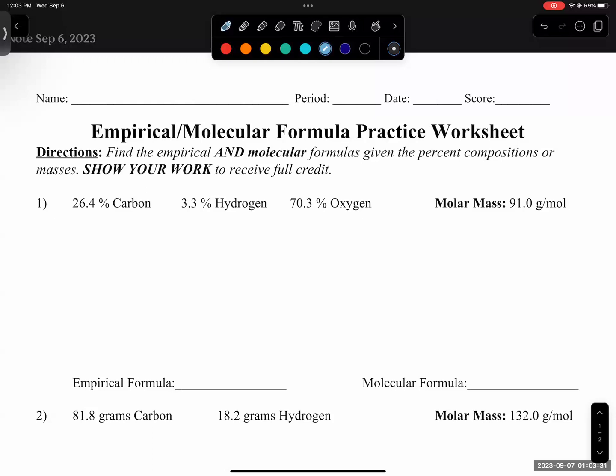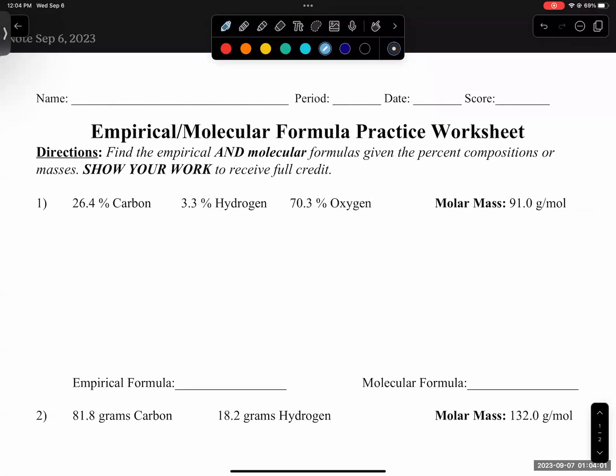You can assume a 500-gram sample and you'll get the answer right, but it makes it more work for you. If you assume a 100-gram sample, you automatically know that 26.4% of 100 grams is going to be 26.4 grams. So make it easy for yourself and assume a 100-gram sample when given percentages, so that your percentages turn directly into grams. Does that make sense? Yeah.